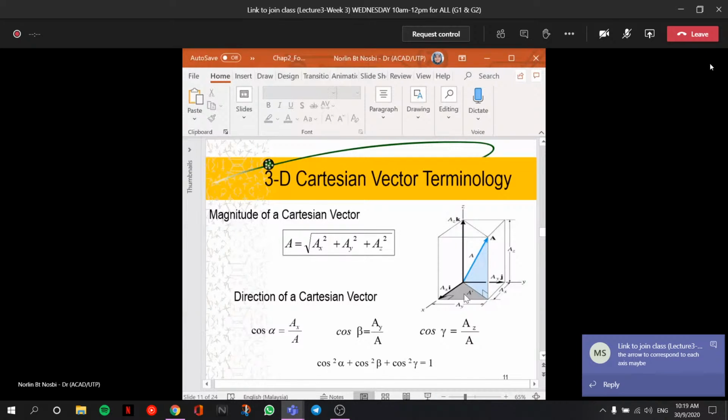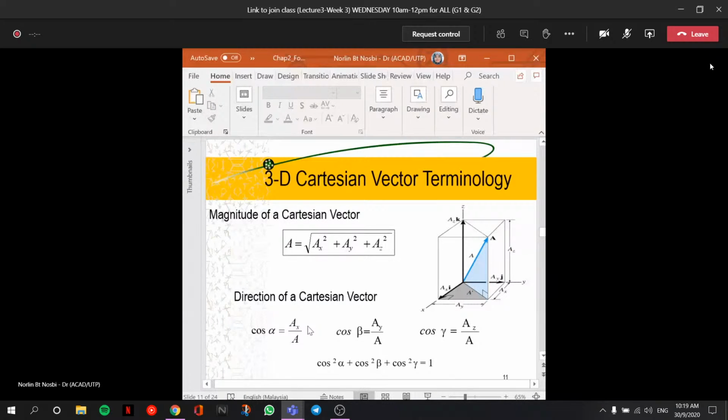Alpha is for the x axis, so it is from the x axis until A. This one is alpha. And then beta is for the y axis, so from the y axis until the vector A. This one is beta.